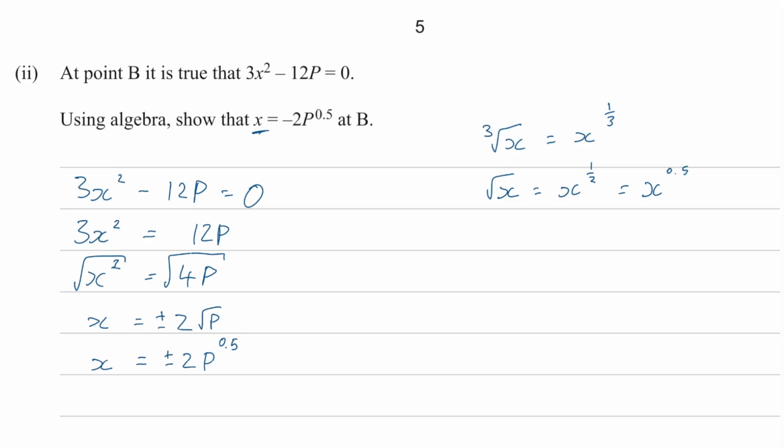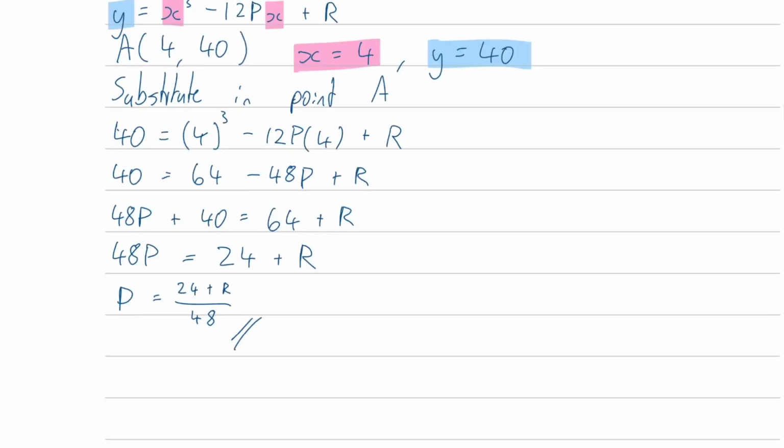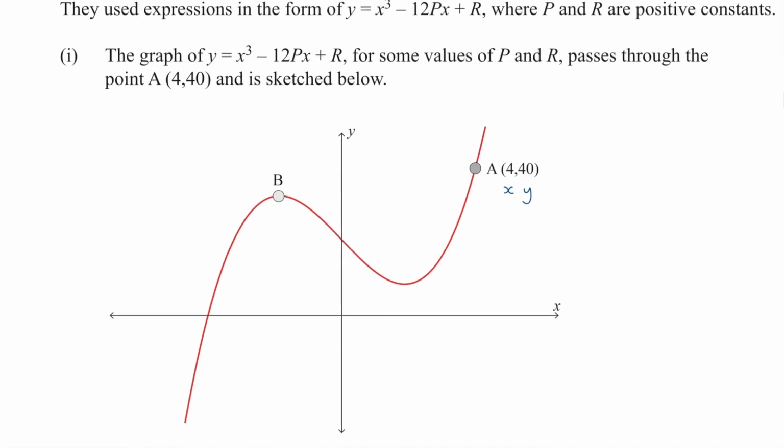Now, this is telling us it must be negative. But since we square rooted, we got a positive or a negative. So how can we justify ignoring the positive solution? So let's have a think. This is the x value at B. So let's go back up to the graph. B is clearly to the left of the y-axis.